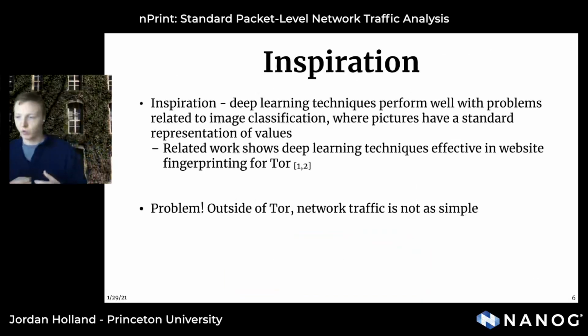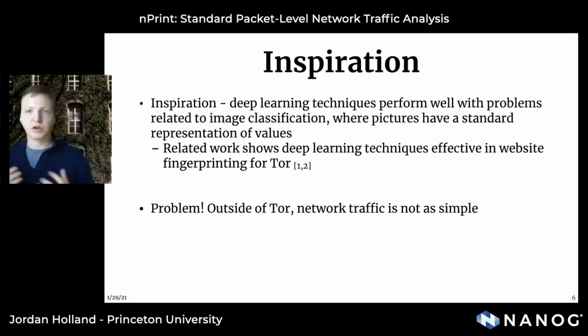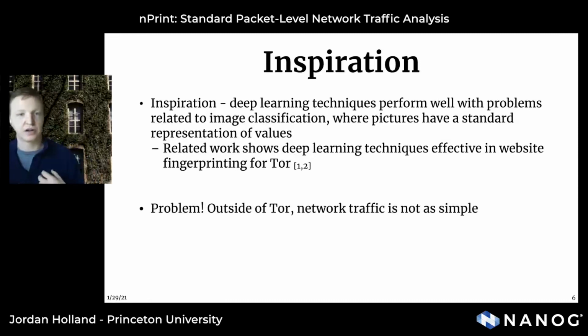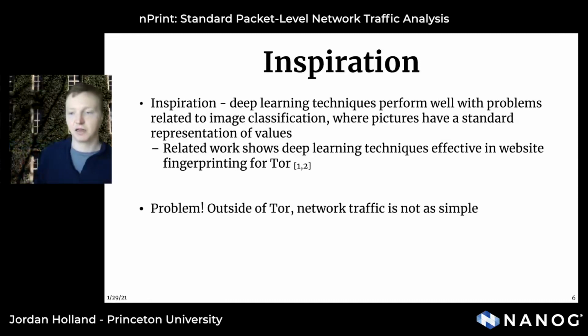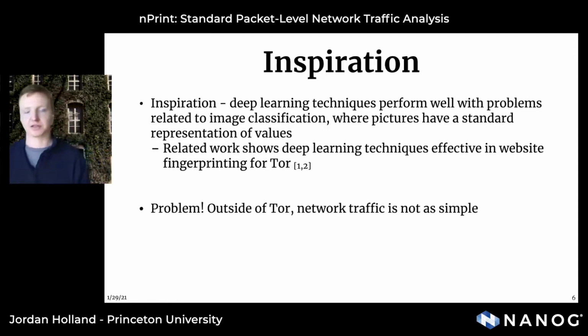So our goal is to remove this process entirely, right? We're going to take some inspiration. Our inspiration is that deep learning techniques have been popularized beyond belief for a plethora of problems, but they tend to perform really well on problems related to image classification.